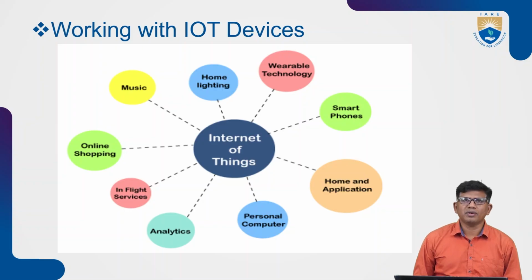We can browse the online shopping websites and purchase various components of music. The music we can also play and download, and with the help of the internet, that will establish the communication between those sources and the user. So these are the various physical devices working with the IoT system.